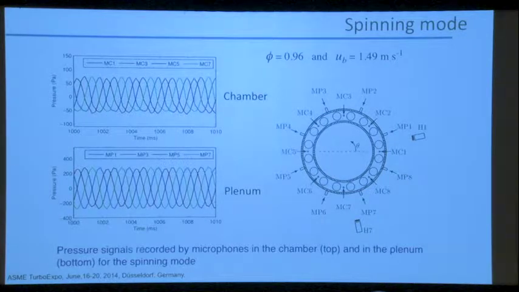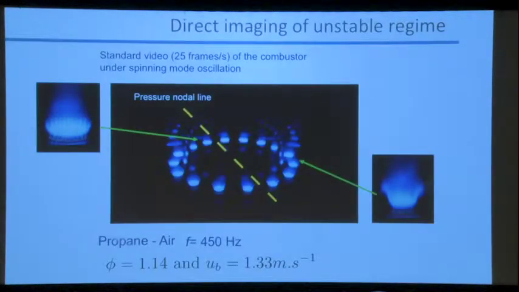So this is true. As I told you, the flames which are away from the nodal line look like that. The flames which are close to the nodal line are not so much affected. These are affected, and they have a very strong motion in the vertical direction.